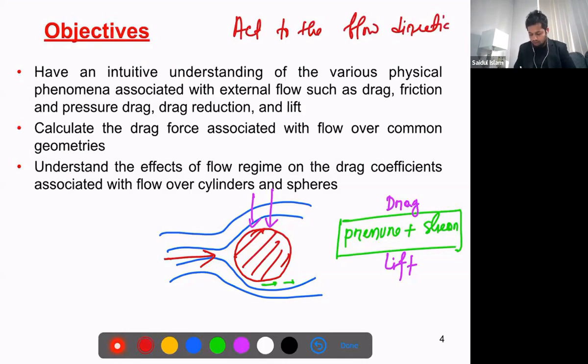So let's say the fluid is going this way, and if we get this sort of force in the same direction, it could be kind of parallel, then we can say this is drag. And when it acts in the upward direction or the perpendicular direction, then we will say this is lift. So this is the simple one.